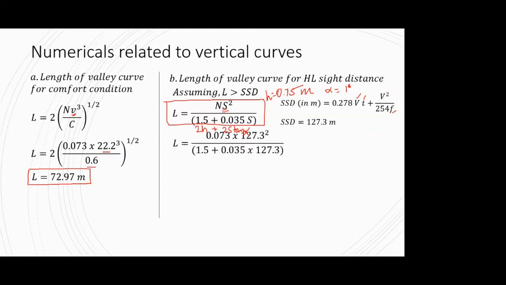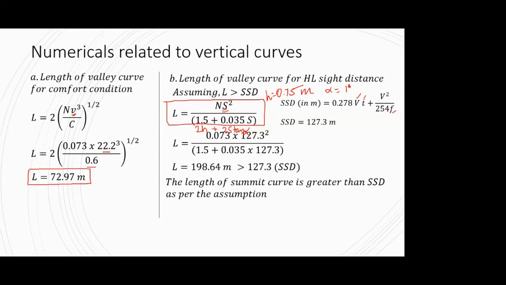And then substituting the values in this equation, you get the length of valley curve as 198.64. And now again you have to compare it with the SSD. So yes, it is greater than the SSD. So whatever assumption we started with, that the length of valley curve is greater than your SSD, that is true. So we can go ahead with the design.